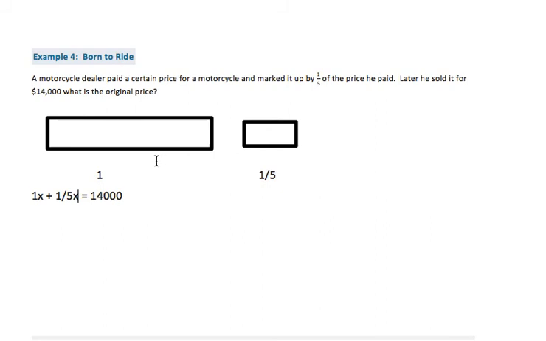If we put together the 1 and 1/5, we would have 1 and 1/5 of some number, meaning x, equals $14,000. So what we really need to do then is to simply figure out what is that number. And we can do that by taking $14,000 and dividing it by 1 and 1/5.